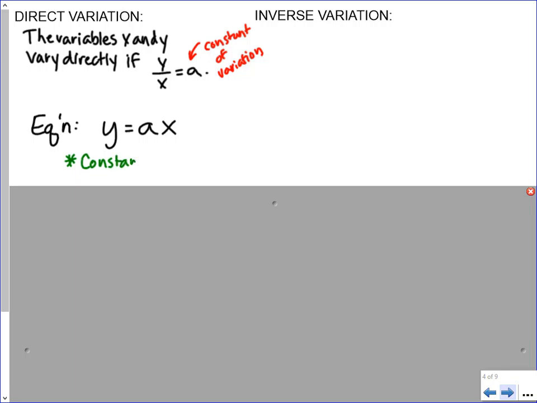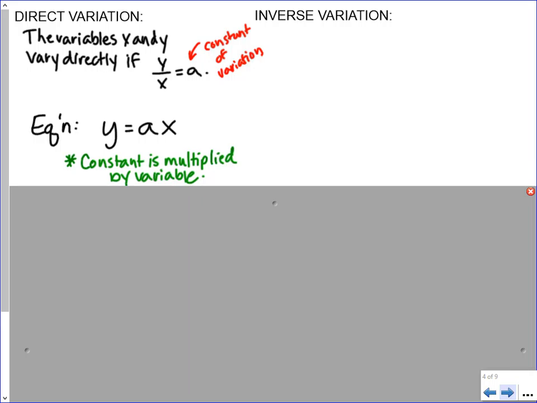Constant is multiplied by a variable. So the constant a is getting multiplied by x, and then that's giving us y.